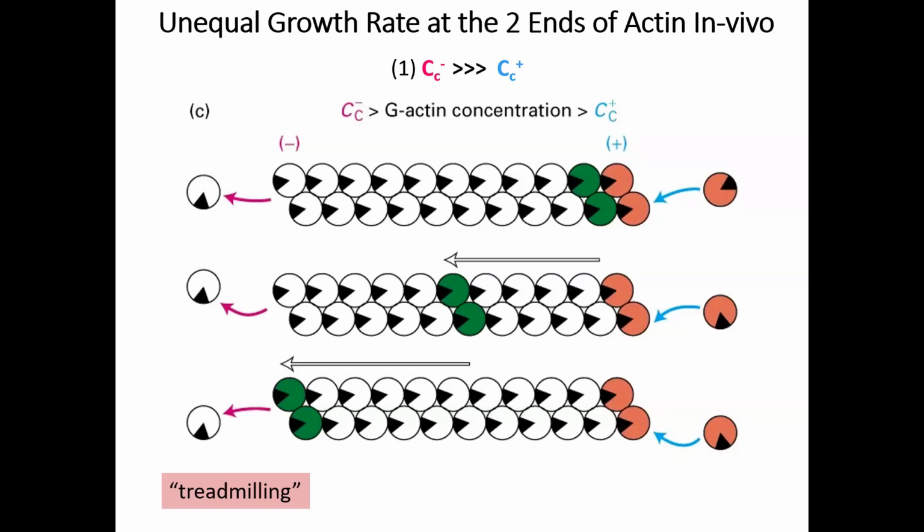At the plus end the critical concentration is low, whereas at this end, look at the coloring, it is much higher. That's the reason the globular actins are added to the plus end and depolymerized from the minus end. So know these concepts very well.